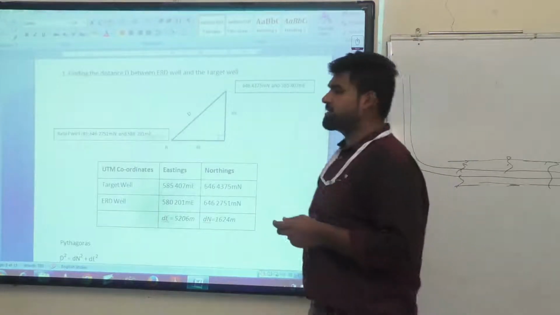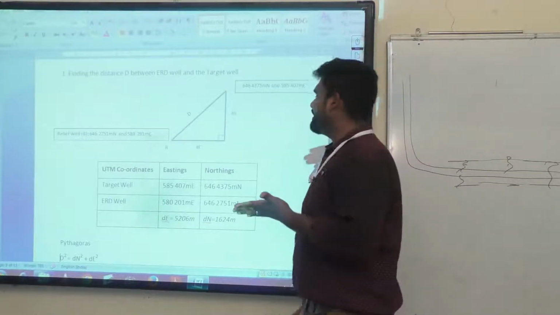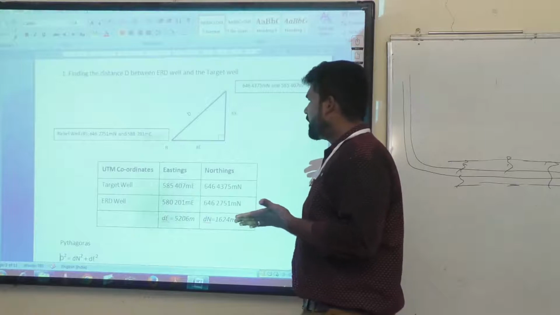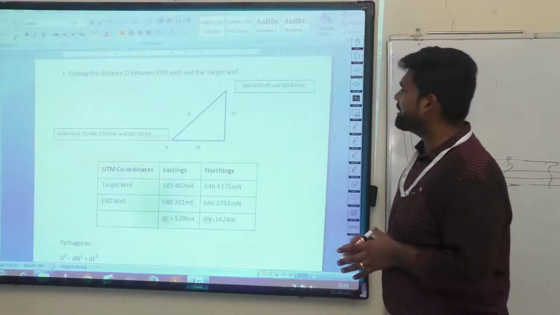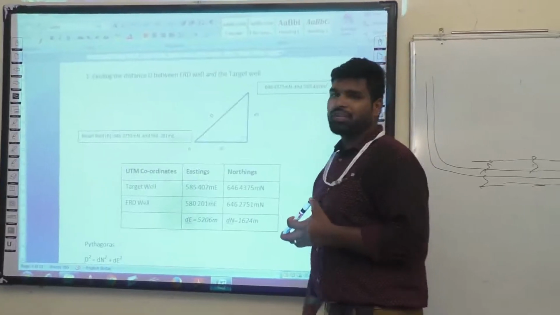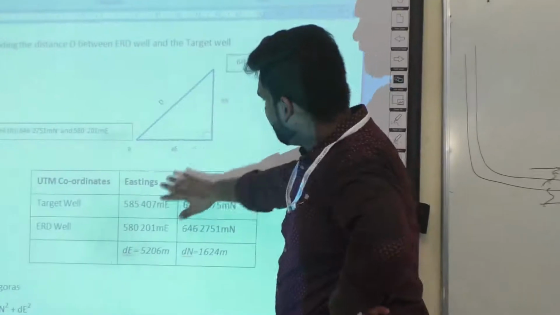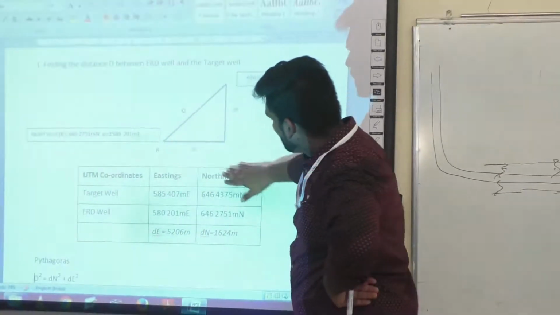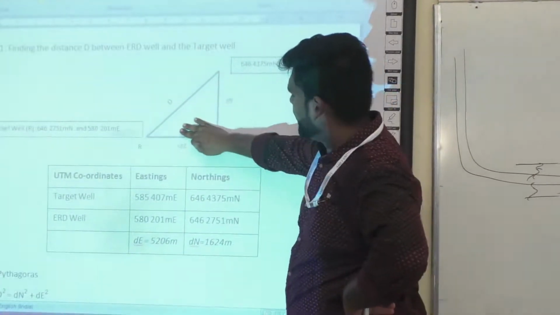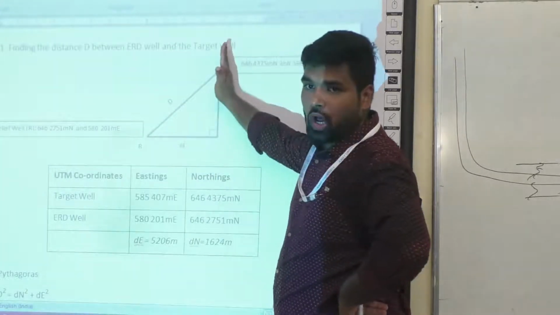So what is the first step? Finding the distance between the ERD well and the target well. How can we do this? By means of the Pythagoras theorem. See here, you have 2 eastings as well as northings. If you draw a right angle triangle, you can take this as east and this as north, right?